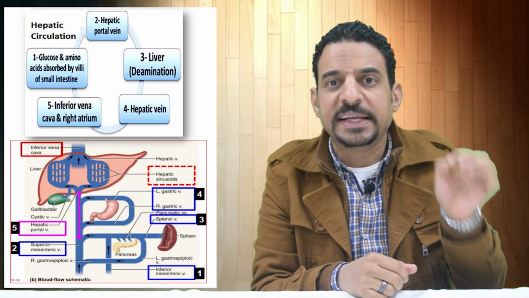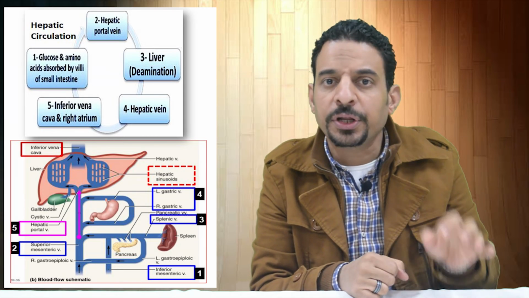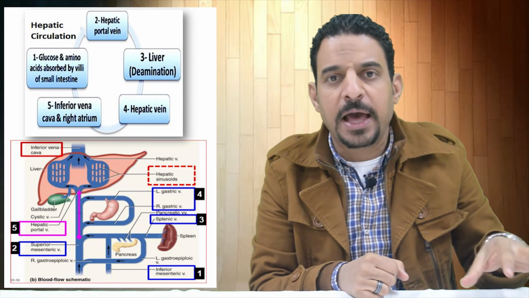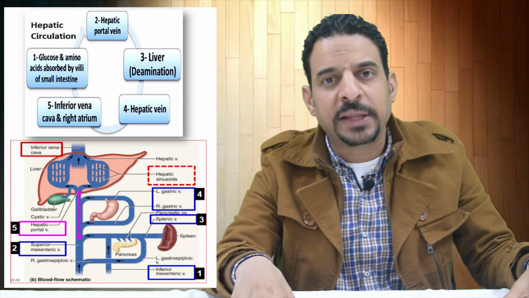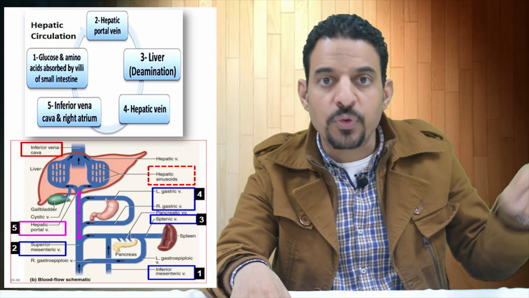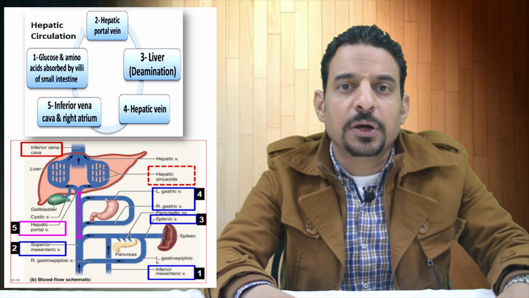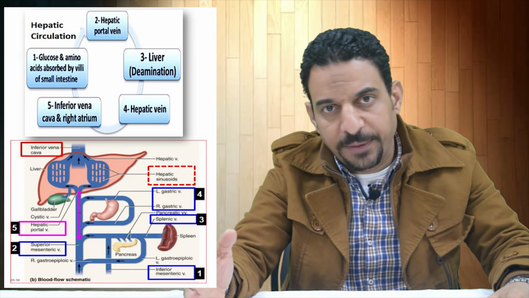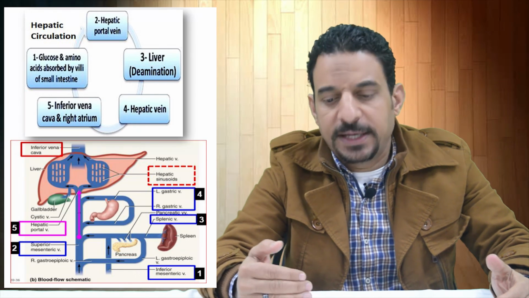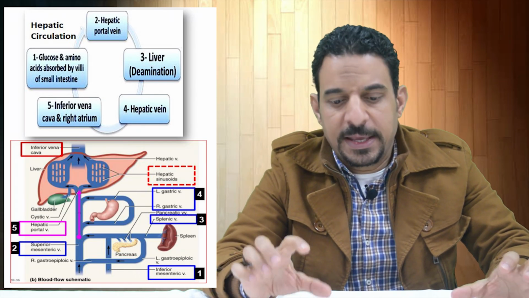Inside liver, an important process occurs which is called deamination, during which the amino group in excess amino acid is removed, forming what is called urea. الجزئية دي مهمة جدا، يا ريت ناخد بالنا منها.